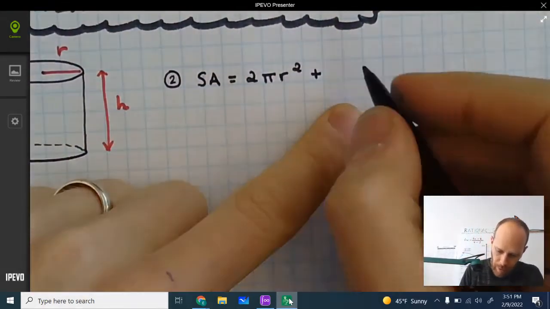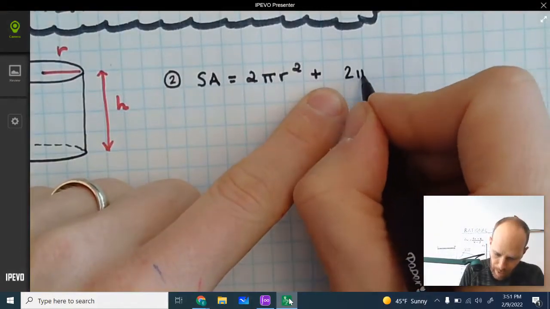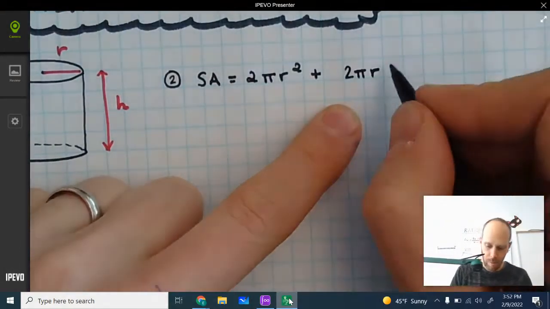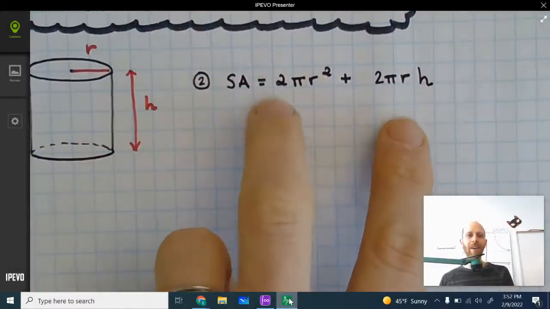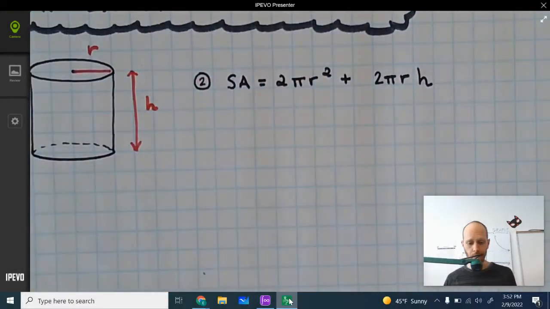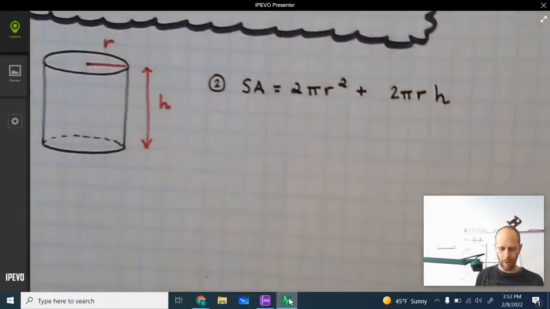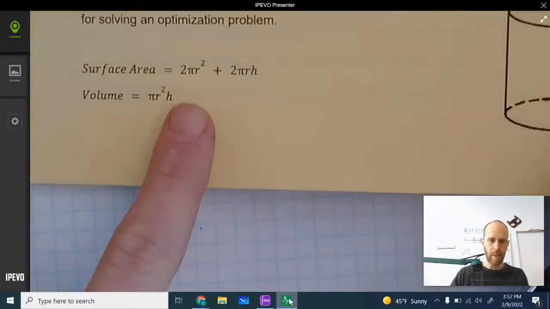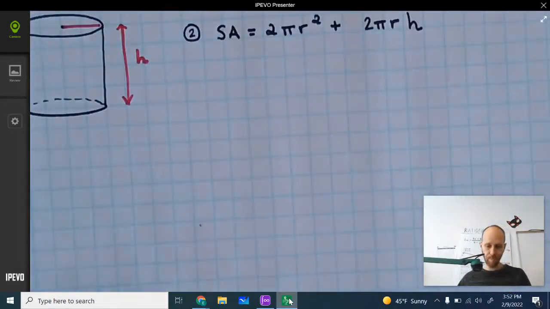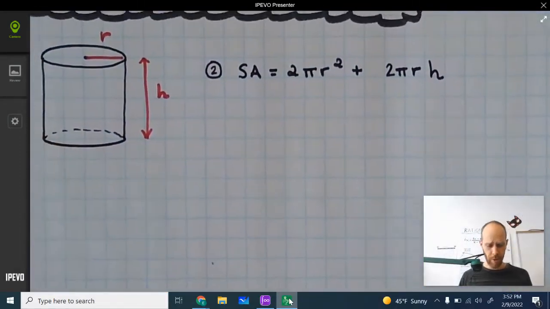So the lateral face is 2 pi r, that's the circumference, multiplied by the height. Now, I showed you how to calculate this because I wanted to, but you don't have to memorize that. In fact, you'll notice that if you look at the packet, that surface area formula is given to you. Okay, so there's our surface area.